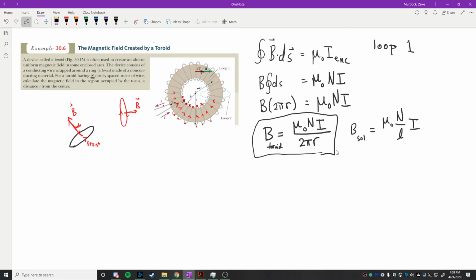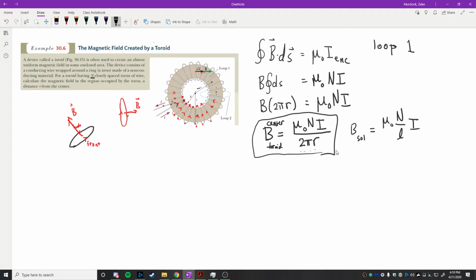You can maybe see the similarity because this is basically L, right? The length of your toroid is the circumference of the toroid, or the inner portion of it. But this magnetic field would really just be in the middle of the rings, basically.